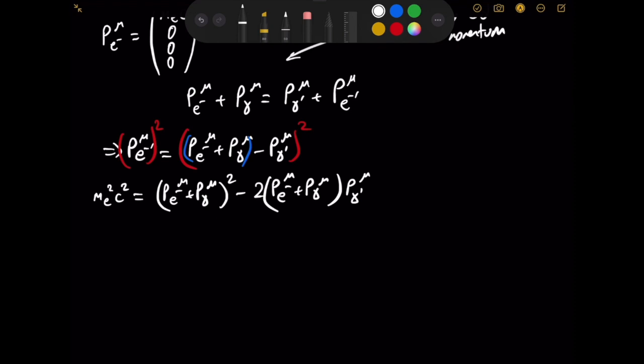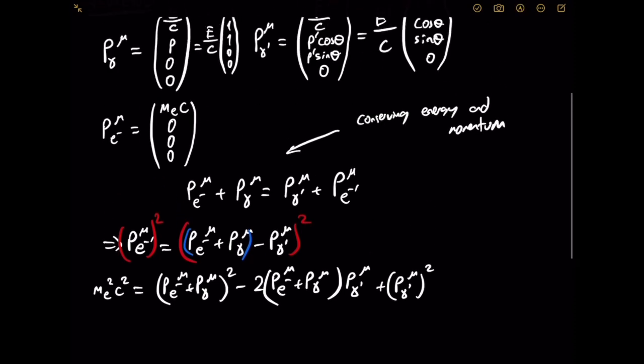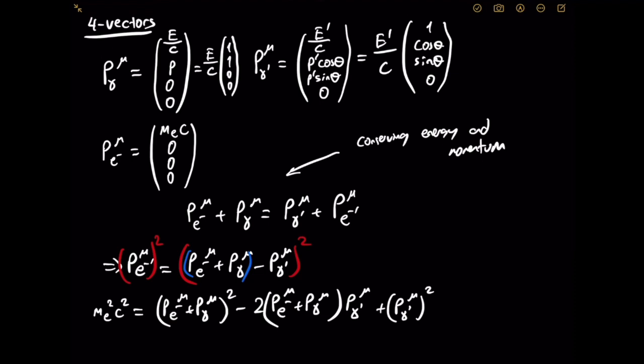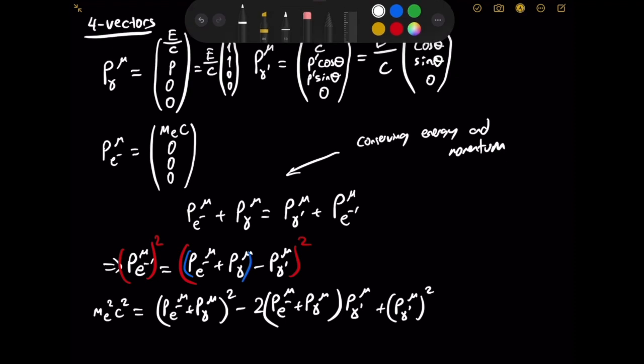And then plus p gamma prime, that guy squared, okay? And already notice that since we're doing first component squared minus all the rest squared, for the photon, if you look at it here, that's just zero, right?